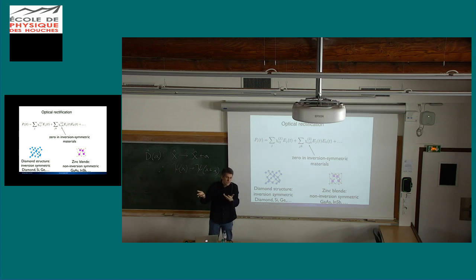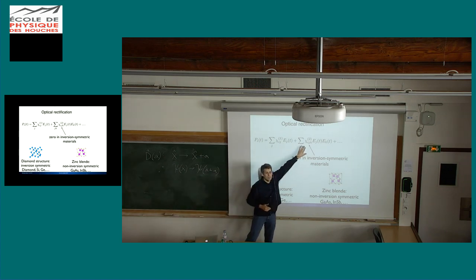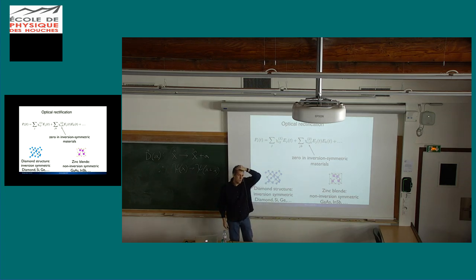That's what inversion is, right? So if something has inversion symmetry, that means there exists a point in the crystal, at least in an idealized version of the crystal that has infinite boundary conditions, where you can perform this inversion operation and you get exactly the same structure. If you have that, then you can prove that this second order susceptibility has to be 0. That's what I mean by that requirement. It's the same requirement as for second harmonic generation. Is that clear?